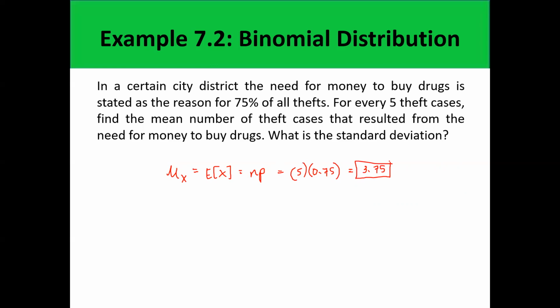We can interpret this as: out of the 5 theft cases, there would be either 3 or 4 theft cases that would result from the need for money to buy drugs. And then for the standard deviation, we first compute the variance of the binomial random variable x, which is given by the formula n times p times q.